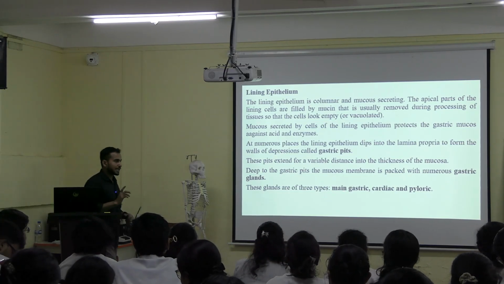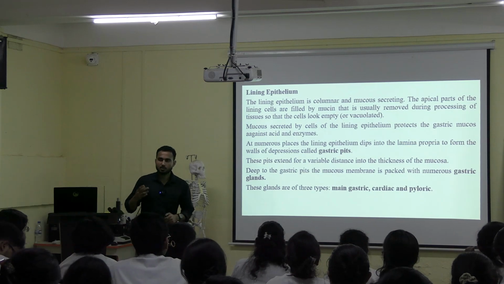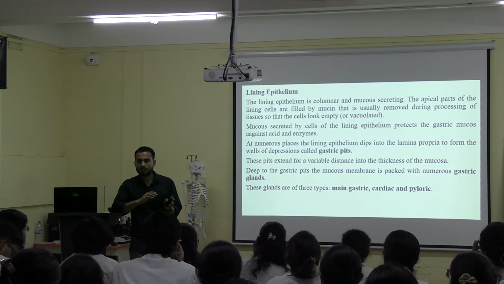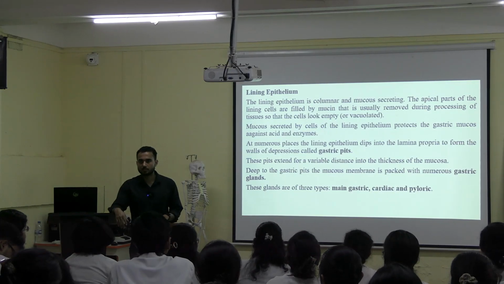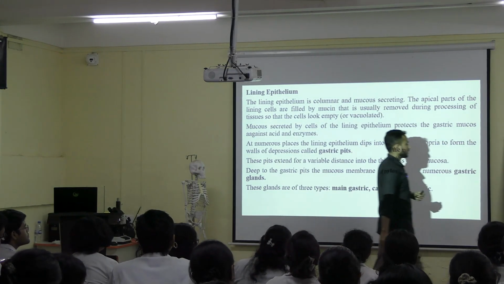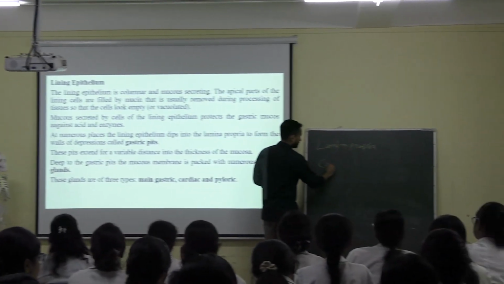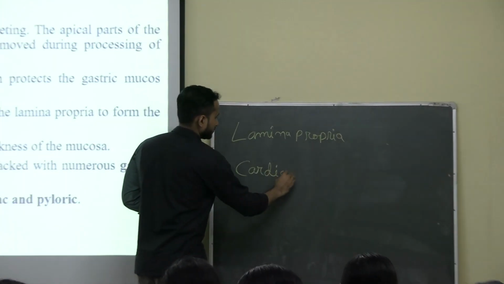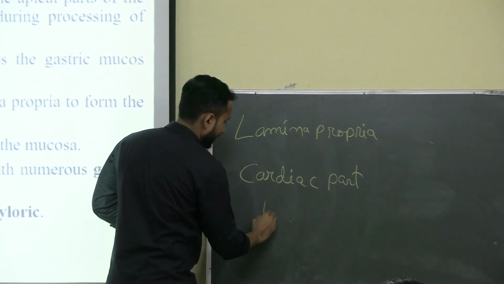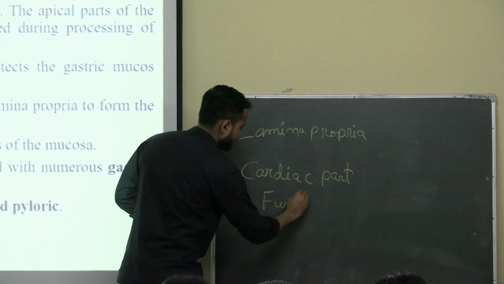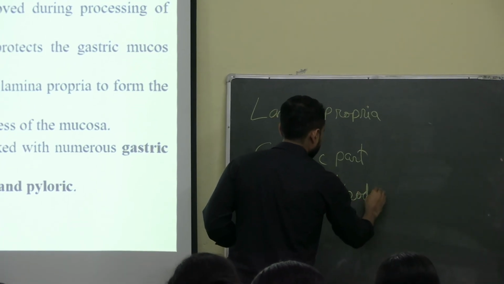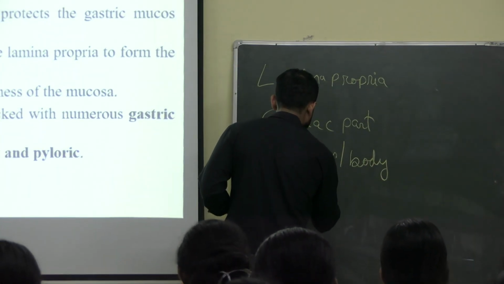Now see, I have noticed that in most of the books, in order to study the stomach, three separate parts are given. For example, histology of the cardiac part, then the fundus or body, and then the pyloric part.